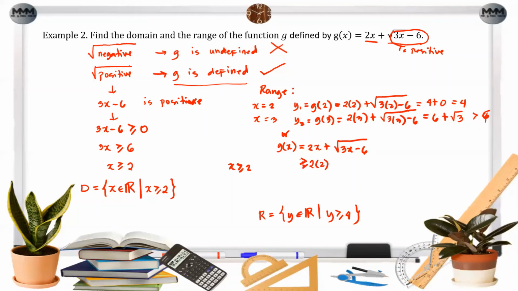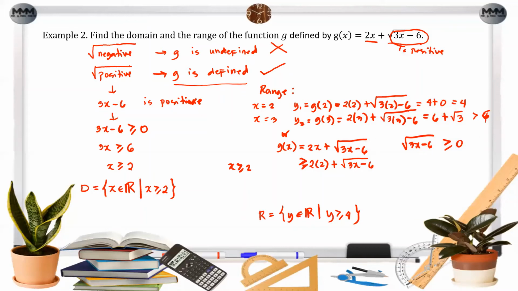Follow? Because x is greater than or equal to 2, we can replace the equality here by greater than or equal to 2 times 2, plus the square root of 3x minus 6, which is greater than or equal to 0. By the way, this is minus. It is greater than or equal to 0 because if you get the square root of any number, the answer is always greater than or equal to 0.